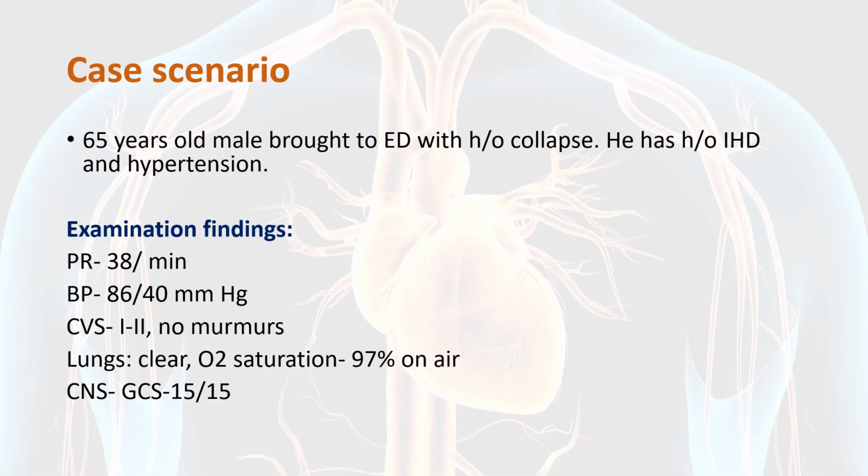Let us revisit the clinical case from the beginning of this presentation and briefly discuss the management. Here we have a 65-year-old male with complete heart block. He has two life-threatening features, which are history of syncope and presence of shock, that is, blood pressure of 86/40 mm of mercury.